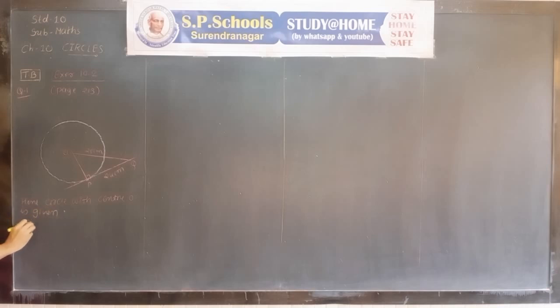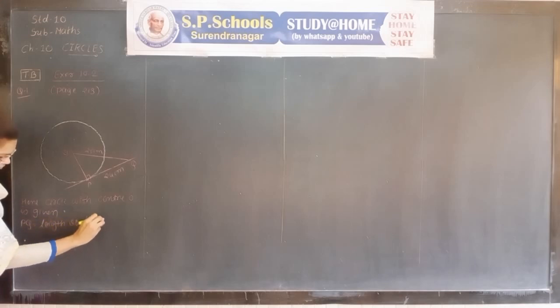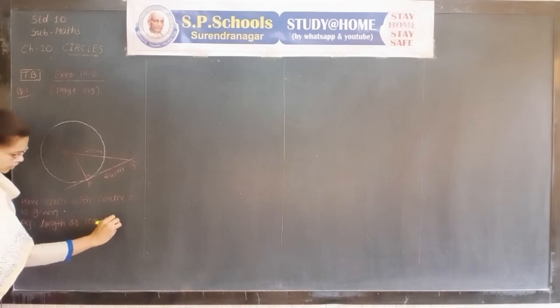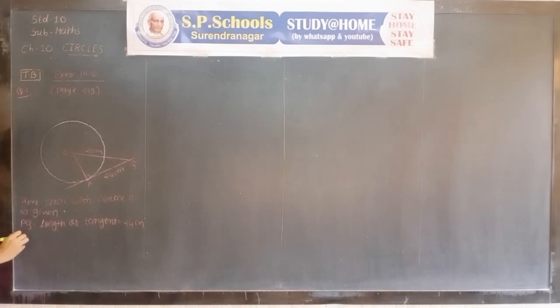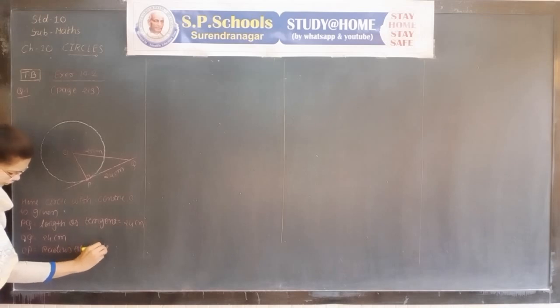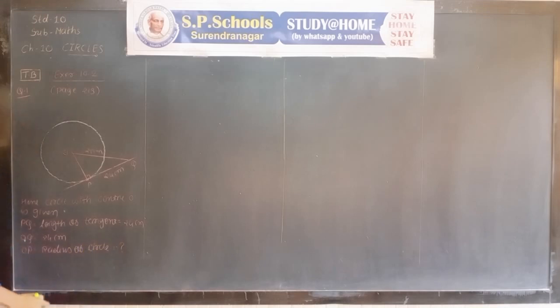PQ is equals to length of tangent, which is equals to 24 centimeter. OQ is equals to 25 centimeter. OP is equals to radius of circle, and we need to find it, so question mark.